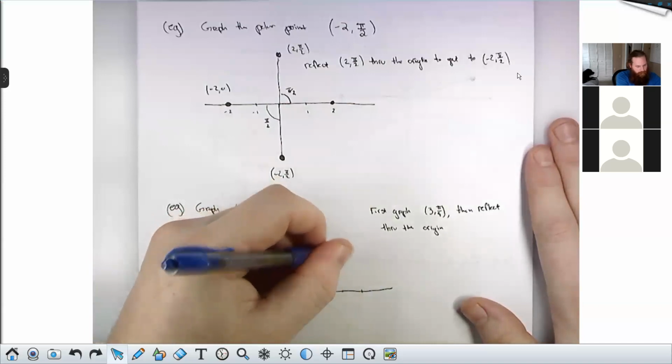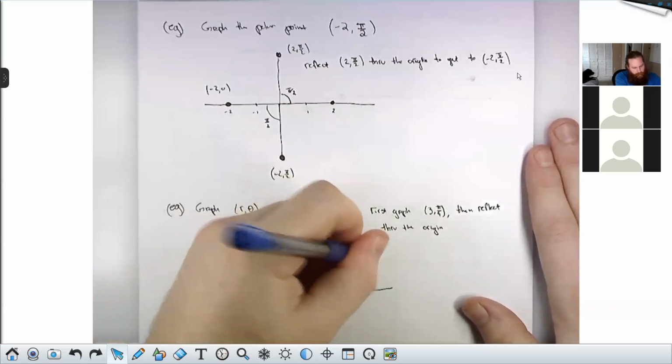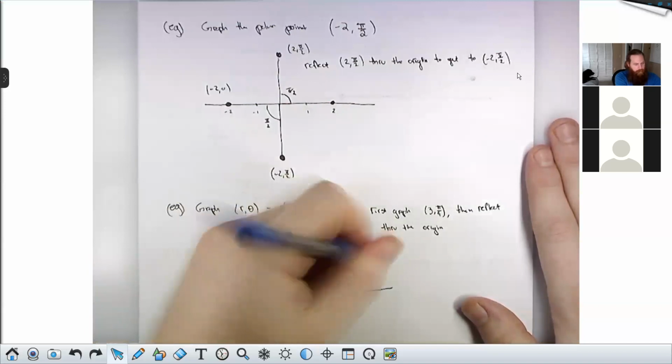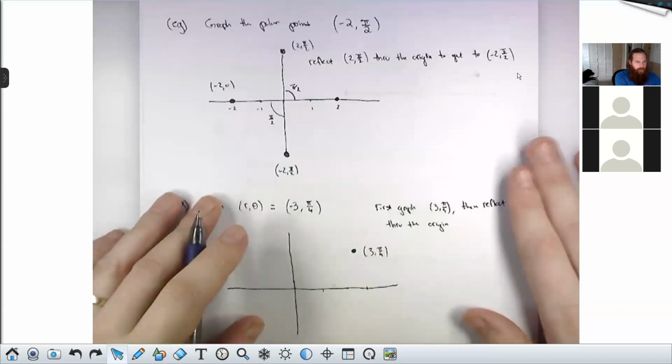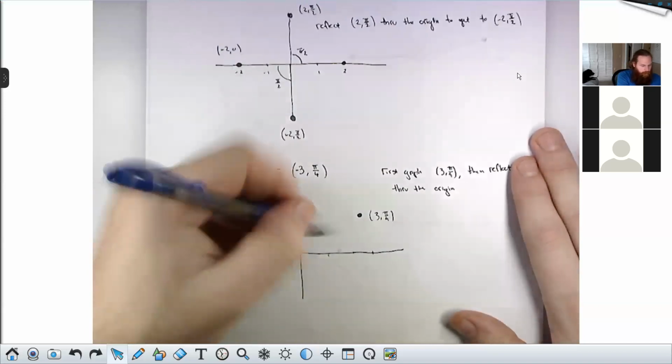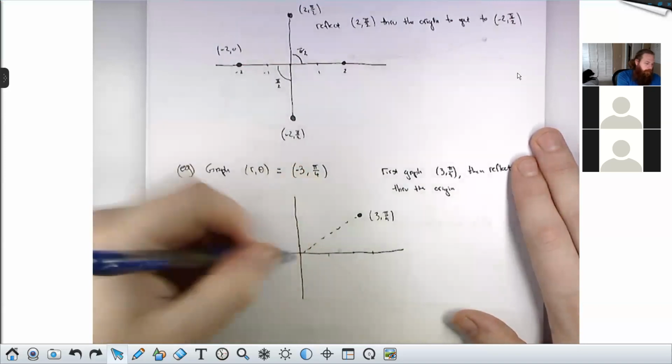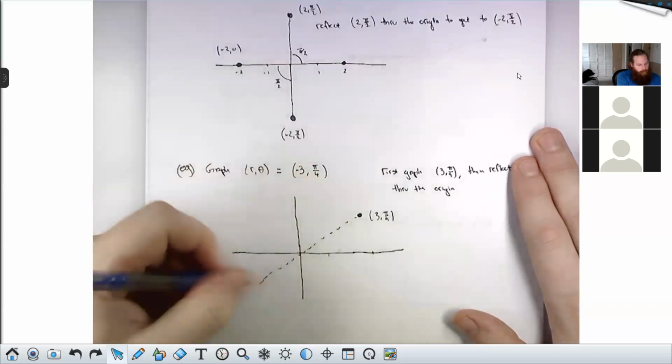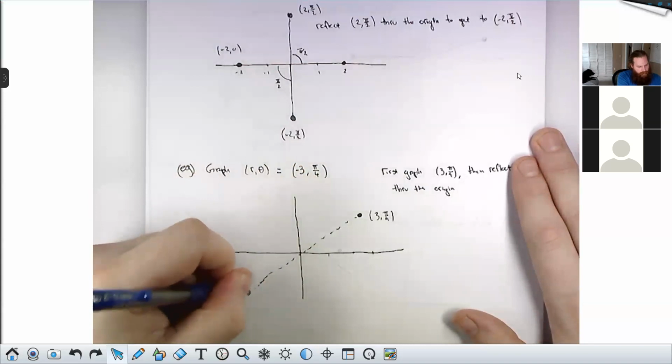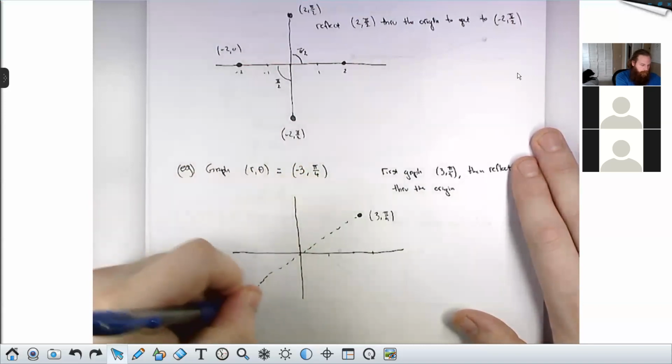That gets me here. Here's the polar point, 3, pi over 4. But then to get to -3, pi over 4, I flip this guy across the origin. And that gets me here.